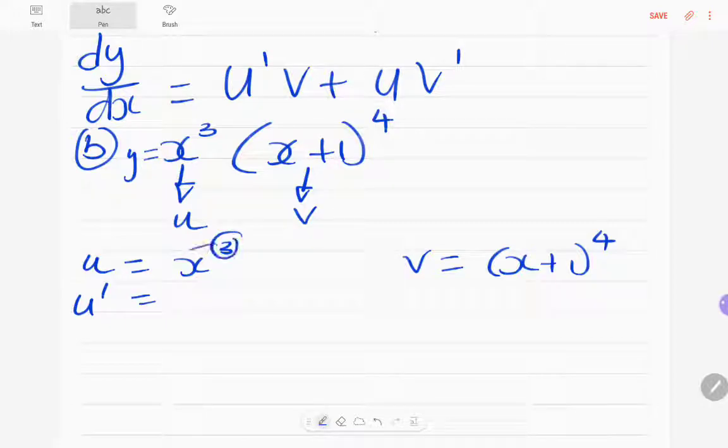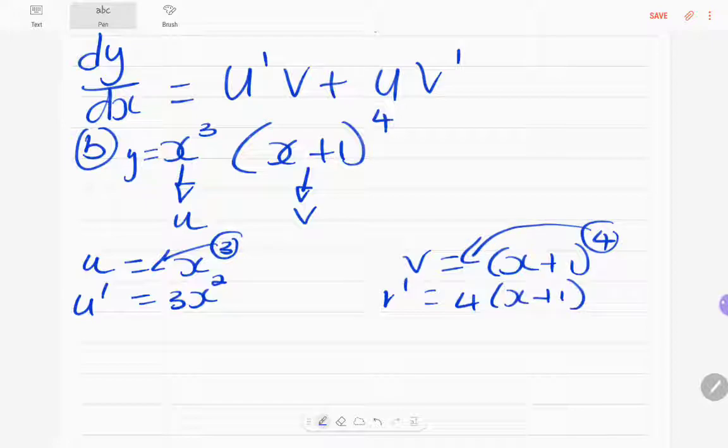Now let us find the u derivative. This 3 will come here. You will have 3x. What is 3 minus 1? It is 2. Now for v prime, we'll let this 4 come here. We'll have 4 into x plus 1. What is 4 minus 1? It is 3. Now we apply the formula dy over dx. It is equal to, what is our u prime? Our u prime is 3x squared.